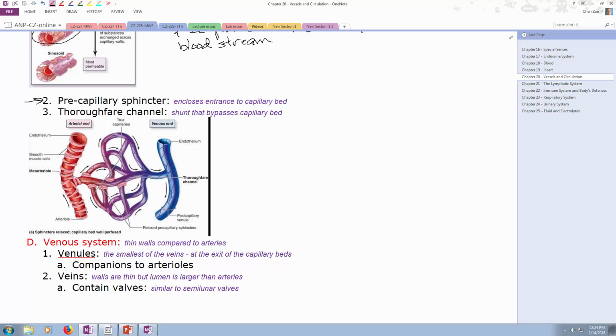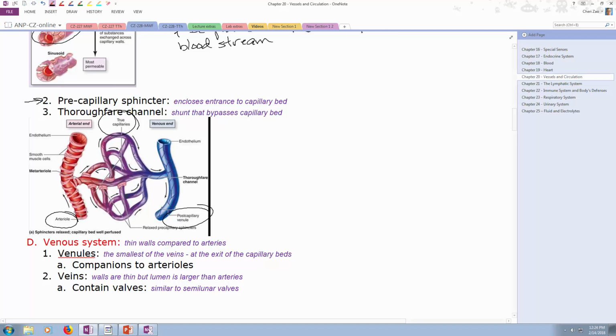Here is an arteriole, and it's giving rise to a capillary bed, so it says true capillaries in the middle. And then on the other side, we'll get to the venous system, and we'll find a venule that venous blood will empty into. And the coloration here is good. Red's for oxygenated, and blue is for deoxygenated blood.